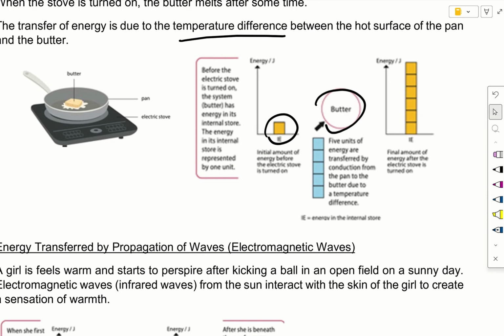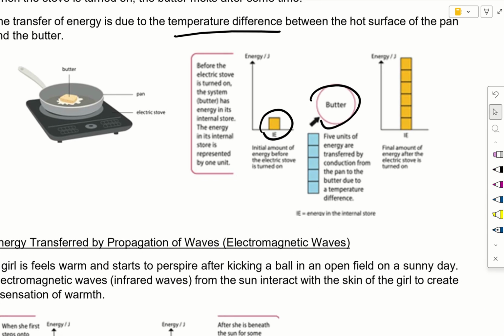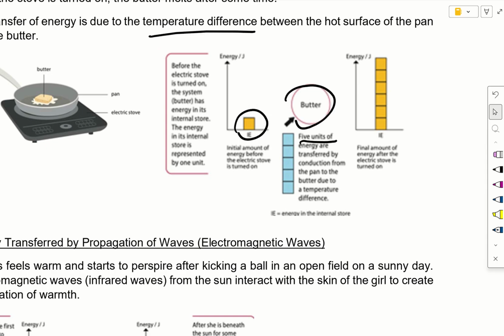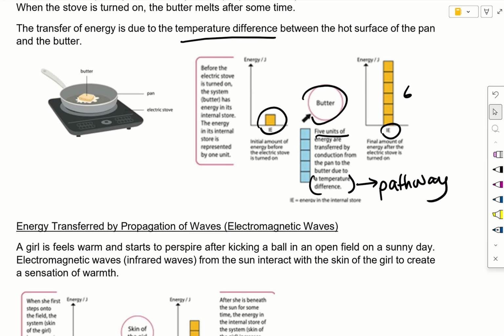So 1 unit, again just an arbitrary number. Then 5 units of energy are transferred by conduction from the pan to the butter due to a temperature difference. So this is actually the pathway. How much was transferred in? 5 units.